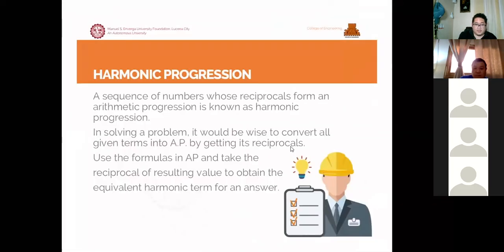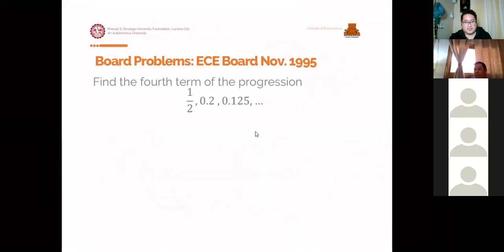Next, we have harmonic progression. Harmonic progression naman yung tawag sa sequence na kapag na-reciprocal mo, nagpo-form siya ng arithmetic progression. Kapag chinek mo siya for arithmetic progression, hindi siya nagsasame ang difference. Pag chinek mo sa geometric progression, hindi din siya lalabas doon. Basta once na nireciprocal nyo yung mga terms, pwedeng arithmetic progression na ulit yung solution mo. Let's say, for example, find the fourth term of the progression 1/2, 0.2, and 0.125.